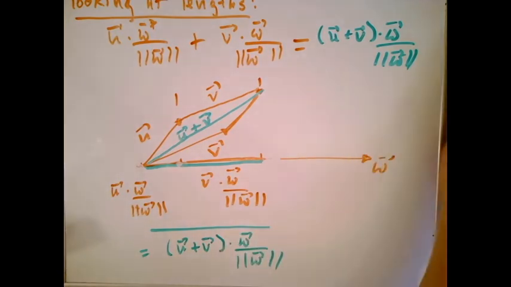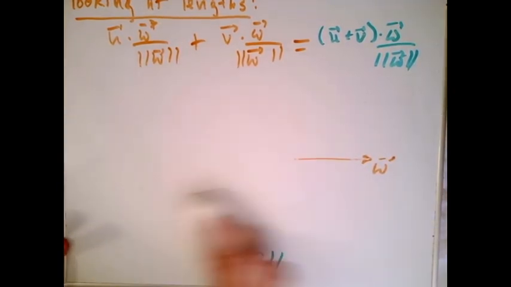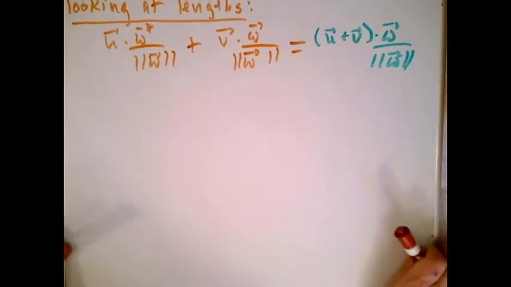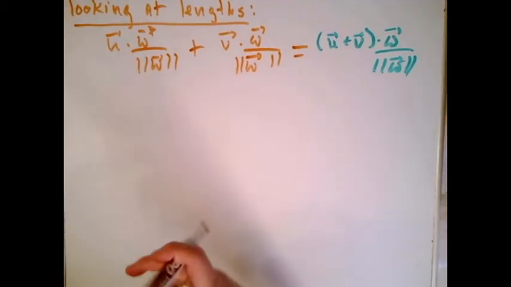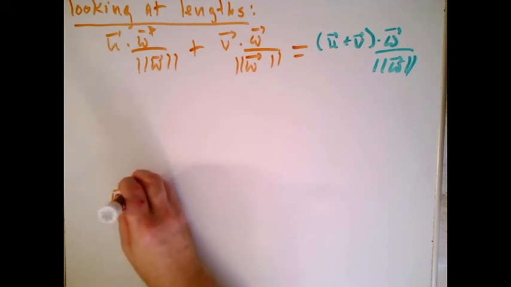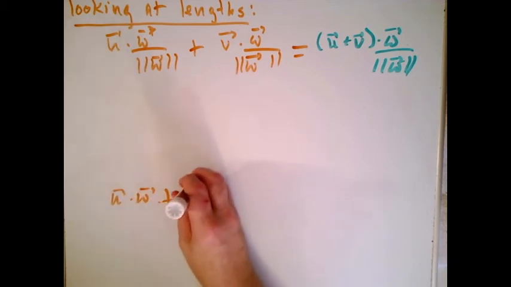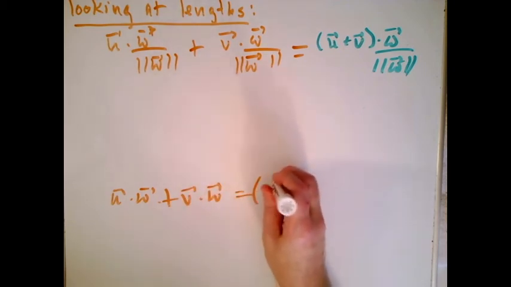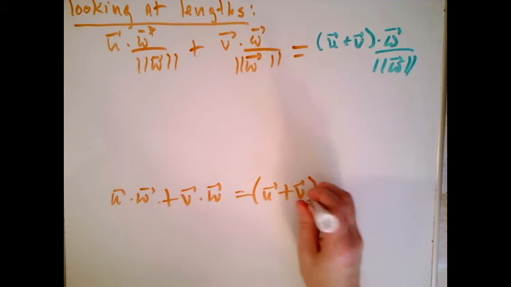We no longer need the picture. What we're after is the distributive law, which looks like this: U dot W plus V dot W equals U plus V dot W.